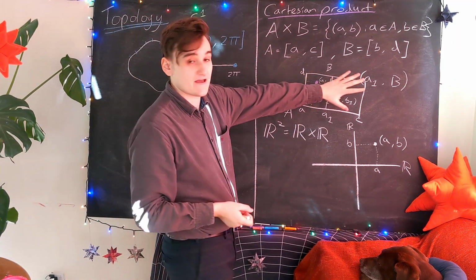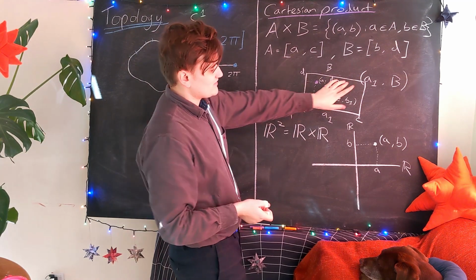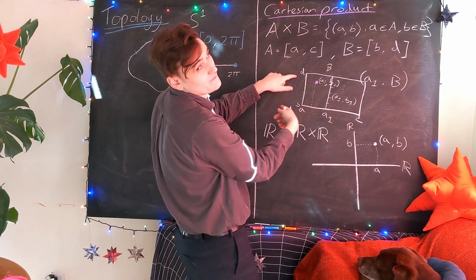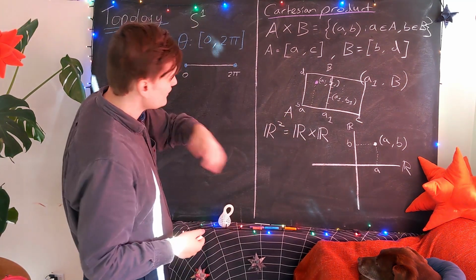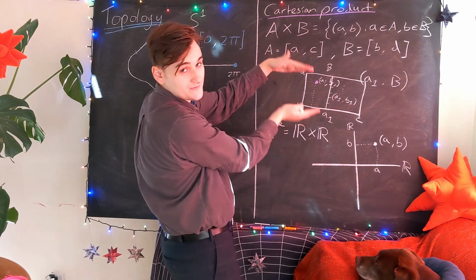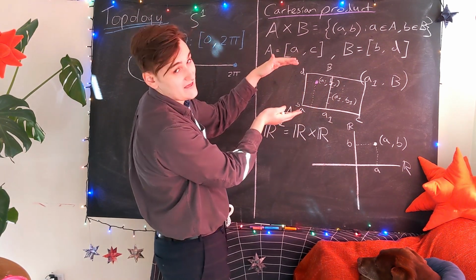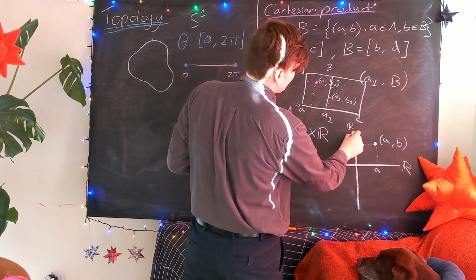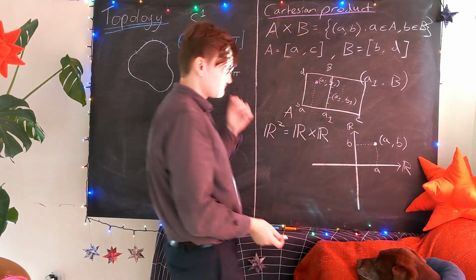We're representing it as a space, and all the points in this space are the corresponding pairs of elements, one coming from each set. Here we've just used closed intervals, so we have just a finite square or bit of plane. Here we're using the entire real line, so we get the entire plane.